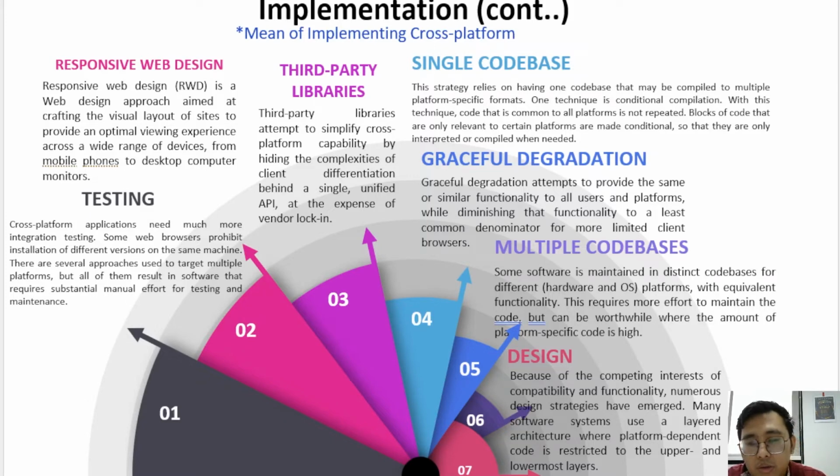But we can also make sure that blocks of code are relevant to certain platforms, where they can be made conditional, so they are only interpreted and compiled when needed. It won't collide with each other, so it will only compile what we need to compile, not all of the lines of code.